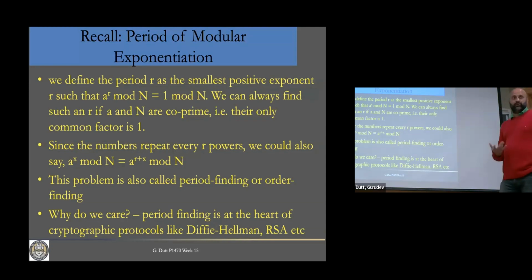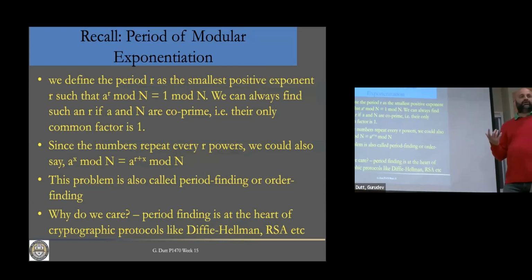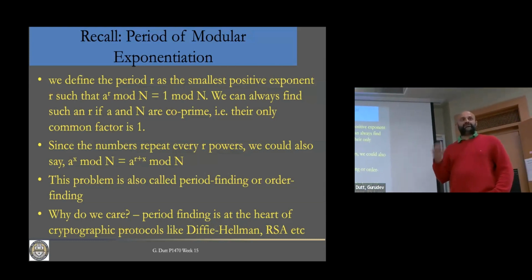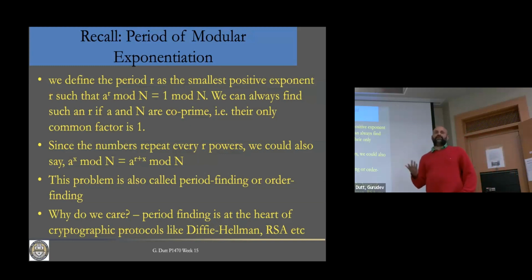Now, why do we care? It's one of those interesting operations in which it's easy to verify that R is the period, because all you have to do is compute a to the R modulo n. For example, 2 to the 3 modulo 7, you can immediately verify that's 1, right? But if I ask you to find the period of that sequence, well, beyond small numbers like 2 and 3, it starts to become very difficult.